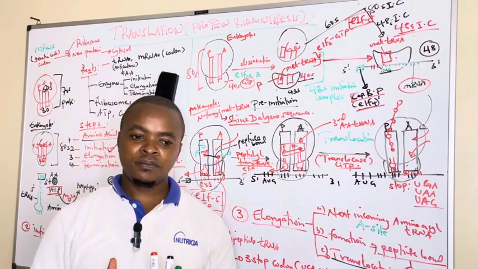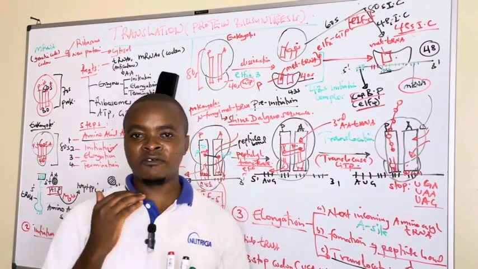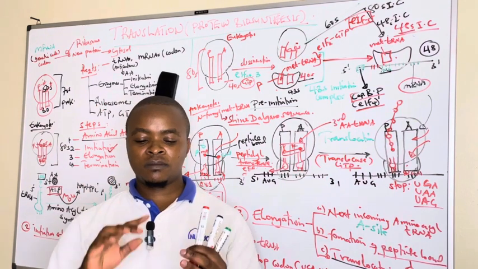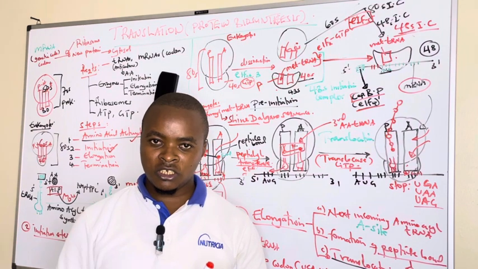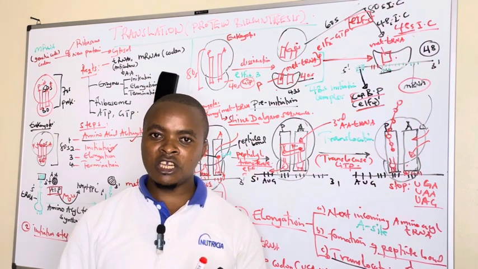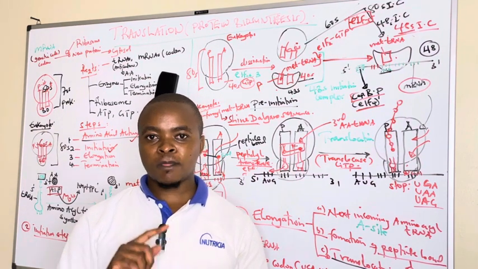So we have seen translation occurs in 4 steps. Don't forget them: amino acid activation, initiation, elongation, and termination.